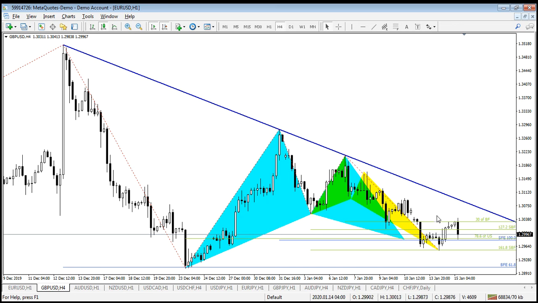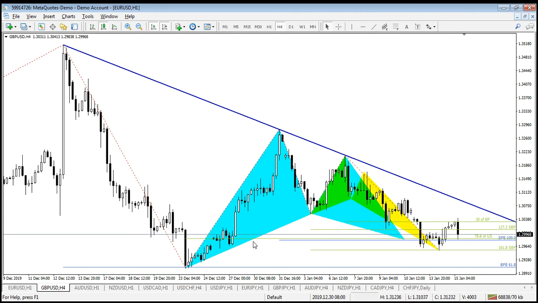If you look at this butterfly, the initial reaction was from this 127.2 of a smaller butterfly. This is the small butterfly shown in yellow color. First reaction was from here, market had retraced up, fallen down, and then the second reaction was from this Gartley completion point.